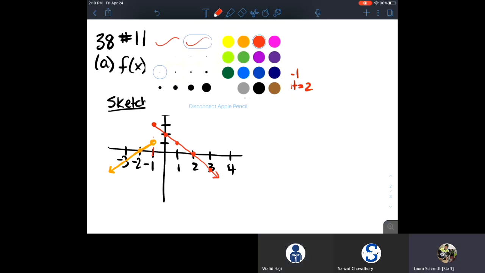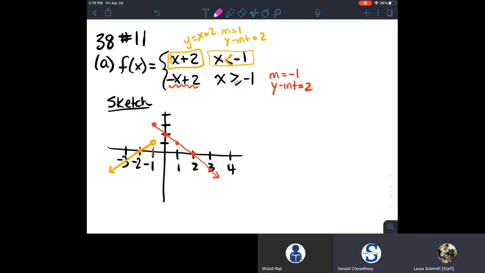How do you know the line's going that way? Because the slope's negative 1. Once I plot my y-intercept of 2, I know that a negative slope goes down to the right and a positive slope goes up to the right. So I would go down 1 over 1 to get my next point.